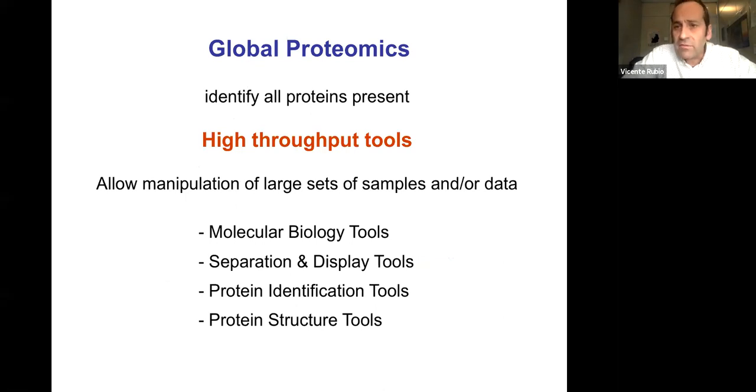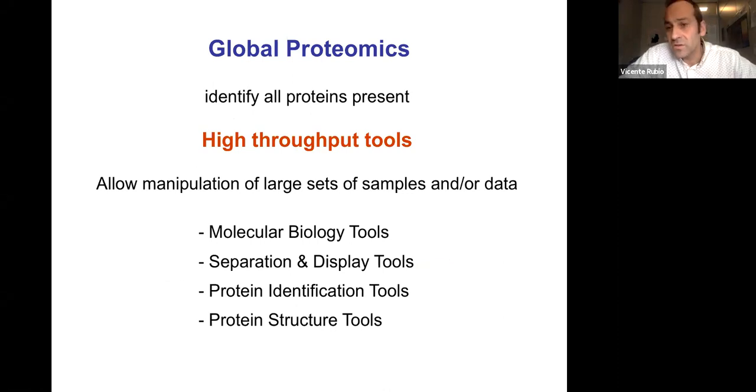So to carry out this proteomic approach, we need high throughput tools that rely on different levels. Molecular biology tools to extract or collect all proteins from an organism's tissue or cell type, different tools to separate and display those proteins, then the identification tools, for example, mass spectrometry.